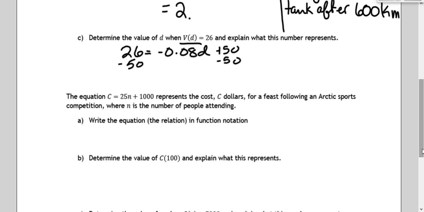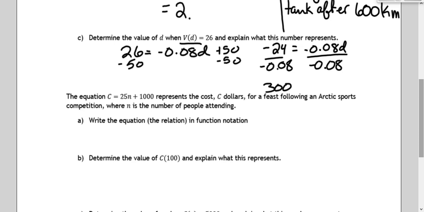We get negative 24 is equal to negative 0.08d. Divide. This number means that after 300 kilometers, there's 26 liters in the tank.